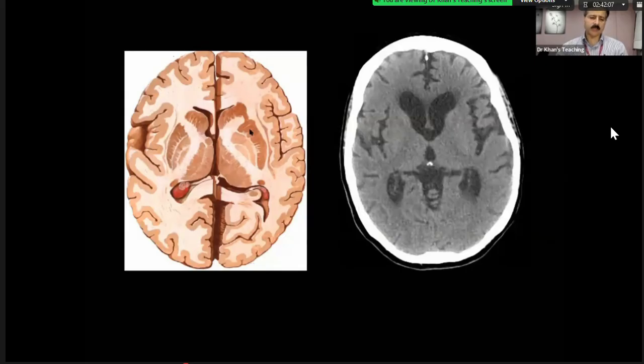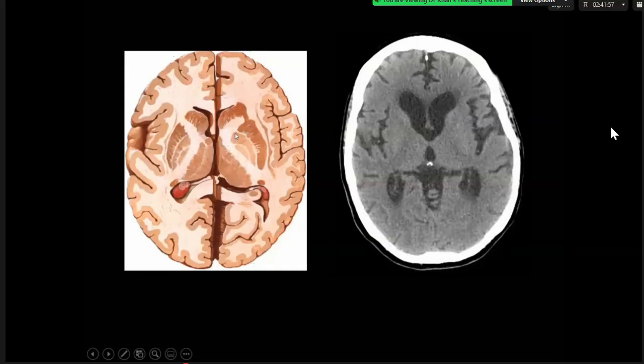So just a recap. This is the basal ganglia level, which is a very important level in stroke imaging, where this is what we call the deep gray matter. There is a concept of cortical gray matter and the deep gray matter.